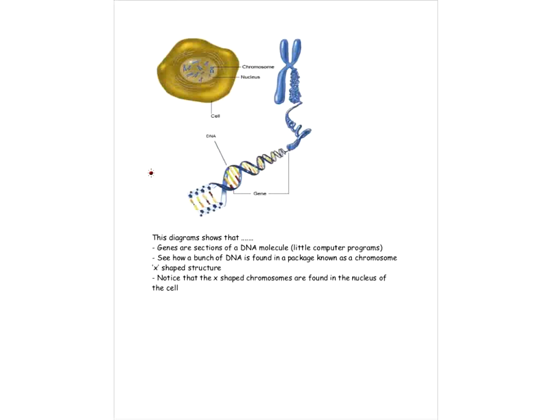It's showing that genes are sections of the DNA molecule, little computer programs. You can see how a bunch of DNA is found in a package known as a chromosome. They're X-shaped in this picture here. And those X-shaped chromosomes are found in the nucleus of the cell. That's right. Ladies have two X, men have an X and a Y, right?